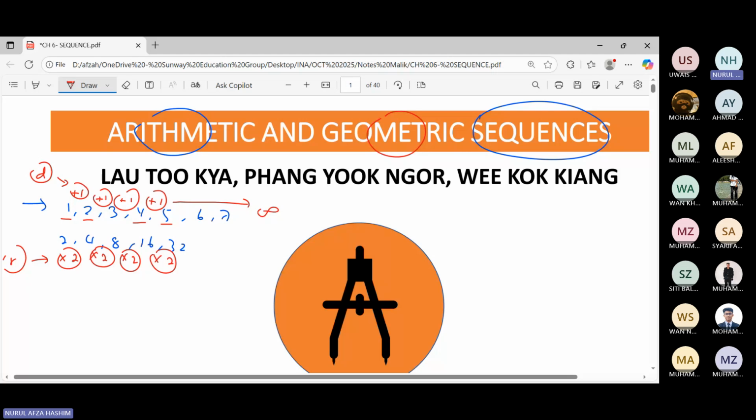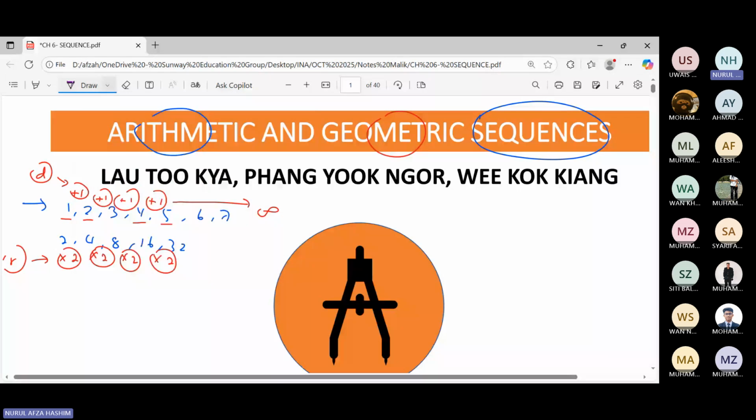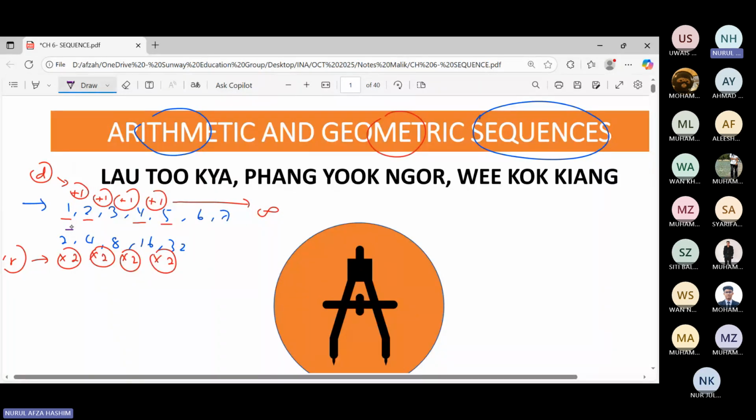So you need to know first whether the sequence uses D or R. If you look at the second sequence, if I want to use D, 2 plus 2, you get 4. 4, you plus 4, then you get 8. 8 plus 8, you get 16. So you can see that this cannot use a difference because the numbers are not the same. So you cannot add the same number. So this one is impossible to be arithmetic.